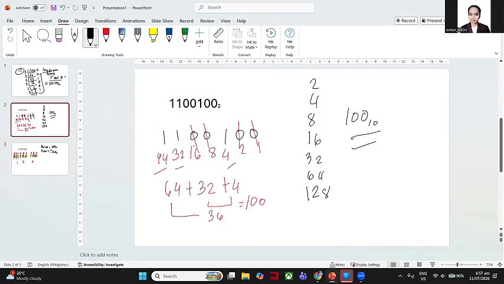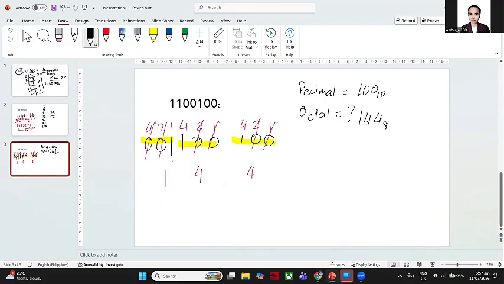So 64, 32, we add the numbers to make our answer in decimal format. Now in octal, it is always divisible by 4, depending on the grouping, the 4 for the 3 groups.